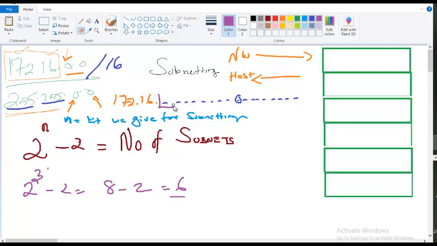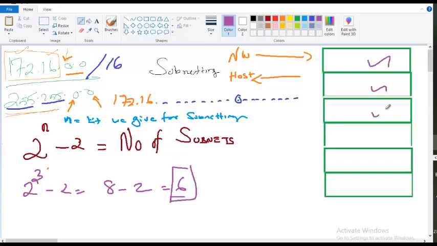Sir, excuse me. Is this for the subnet or is this to get the number of hosts? No, this is for the subnet. This is to decide how many bits I should give in order to get 6 subnets, because I have 6 departments.